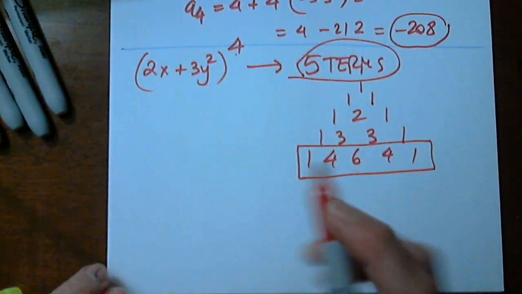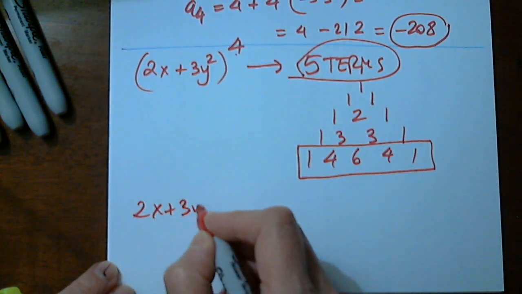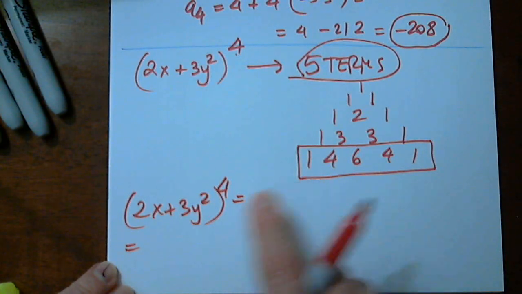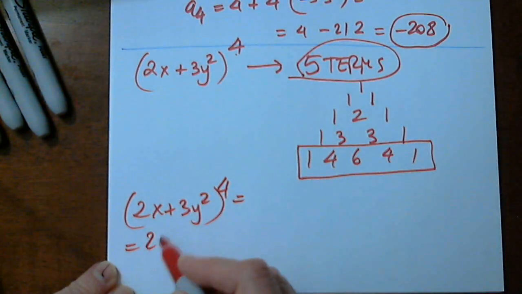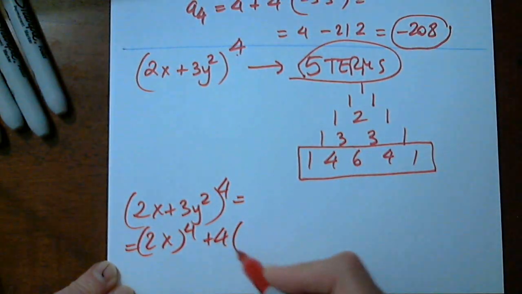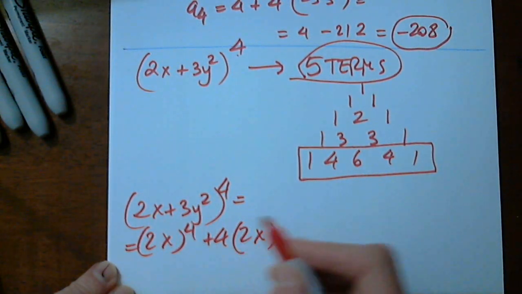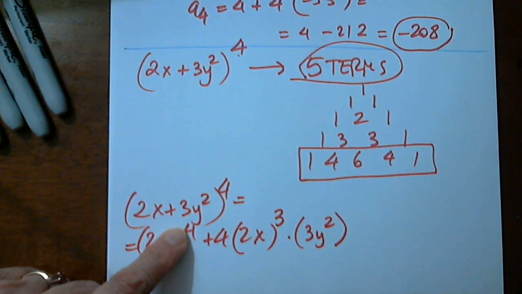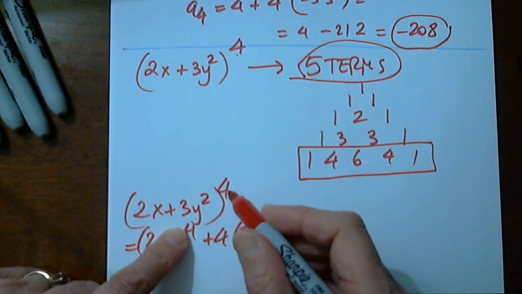So then, I'm ready. 2x plus 3y squared to the 4th power is 1 times the first term to the 4th power, plus 4 times the first term to the 3rd power, but now the second term pops in. 3 plus 1 is power 4.